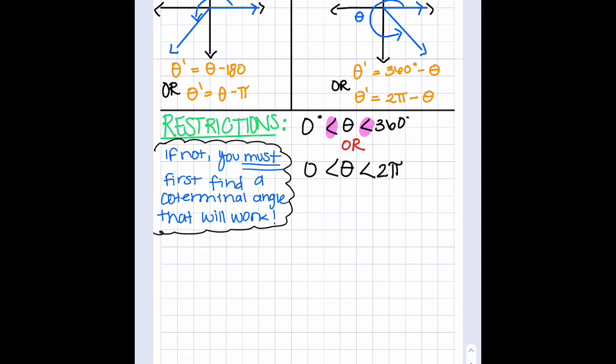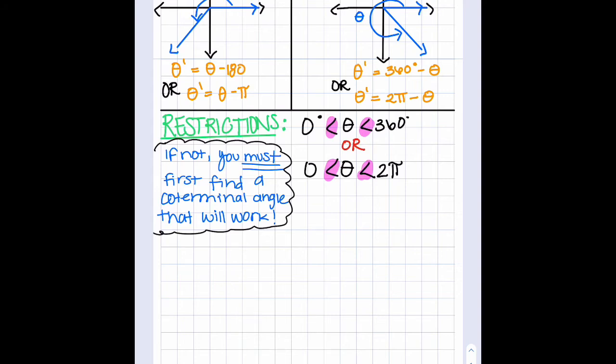So that must mean, one, it has to be a positive number, no negatives. Two, it can't be bigger than 360. Same thing here with theta with radians. Theta must be less than 2 pi and greater than 0. So again, it can't be negative and it can't be bigger than 2 pi.